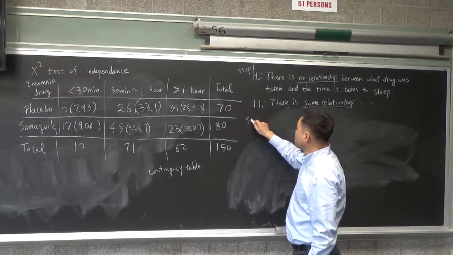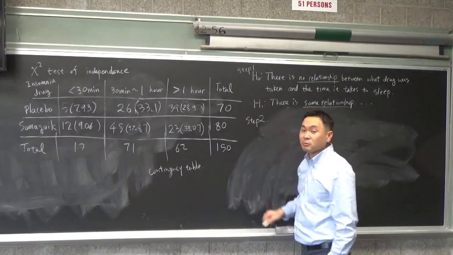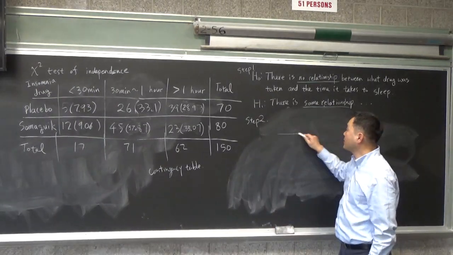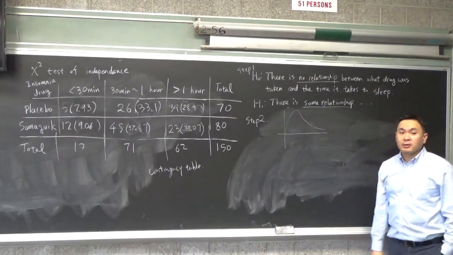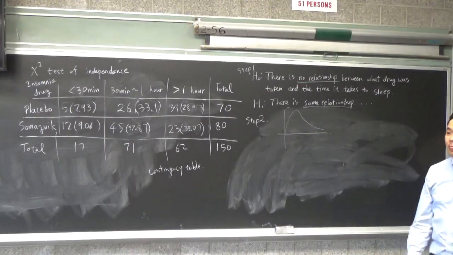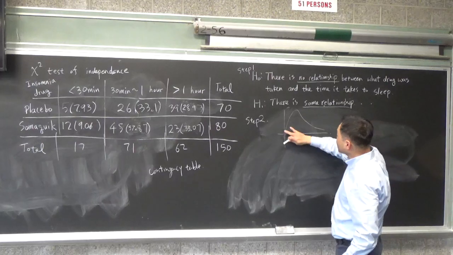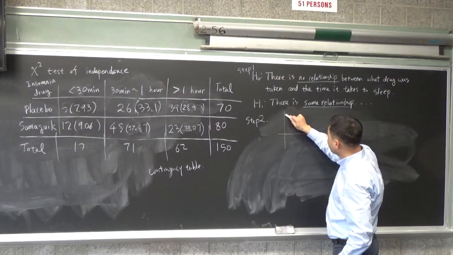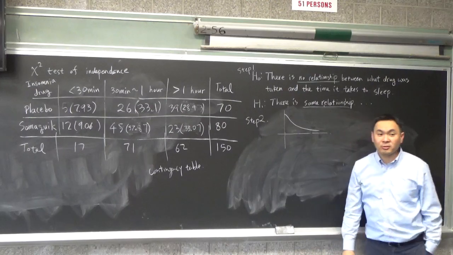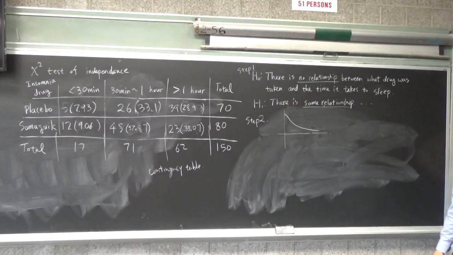Now step two, what's step two? Rejection region, right? Actually, this is chi-squared. Chi-squared for degrees of freedom 2 will look more like this.